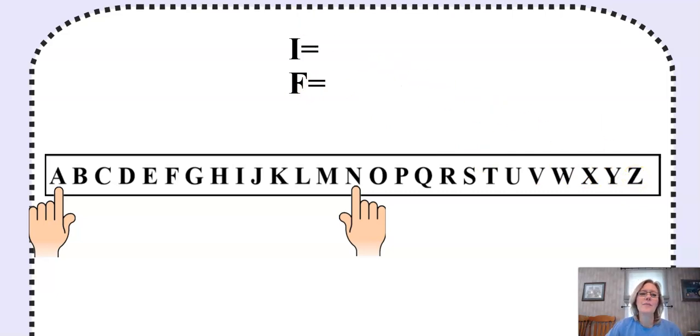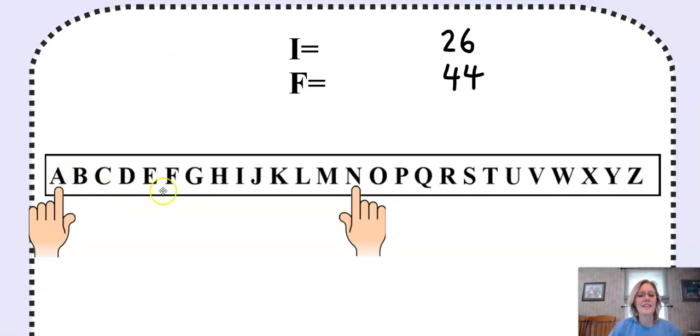Now, how many letters do we have in the alphabet? 26. Good. Now, out of those 26 letters, how many sounds can be made? 44. All right. What are the two kinds of letters in the alphabet? Vowels and consonants. Let's say the vowels together.